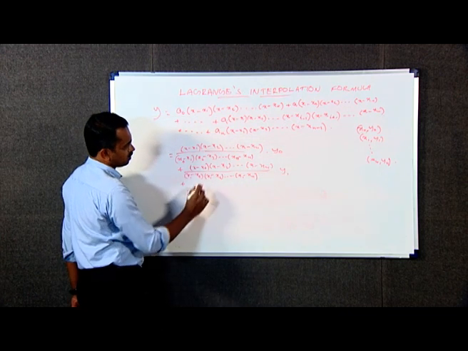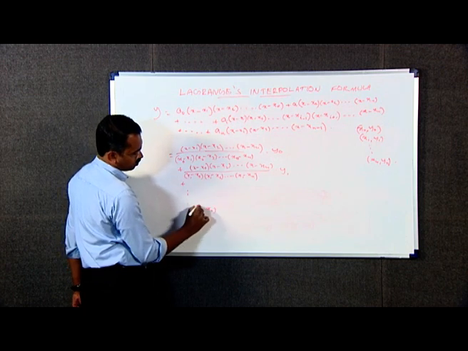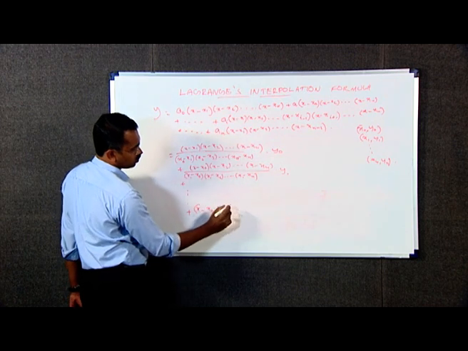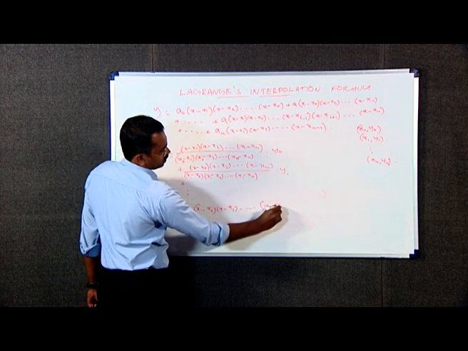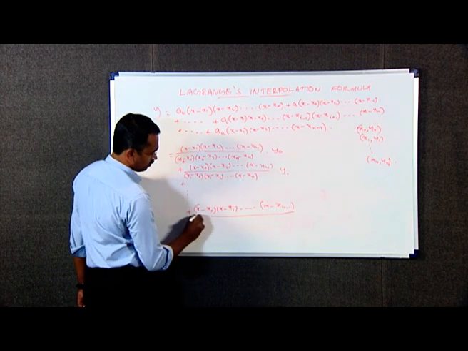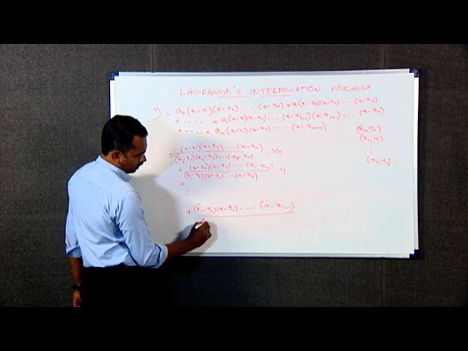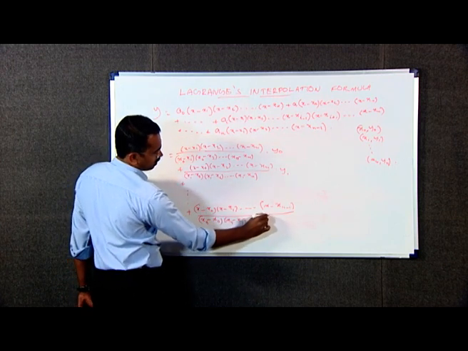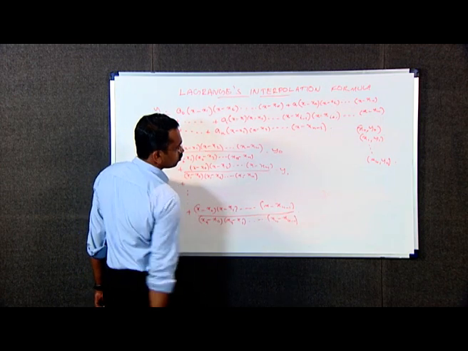The last term will become (x minus x0) into (x minus x1) into etc., (x minus xn minus 1), divided by (xn minus x0) into (xn minus x1) into etc., (xn minus xn minus 1), into yn.